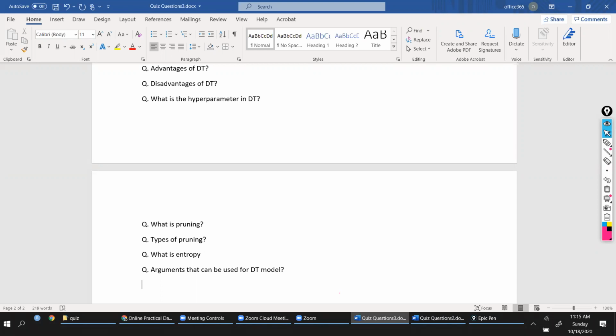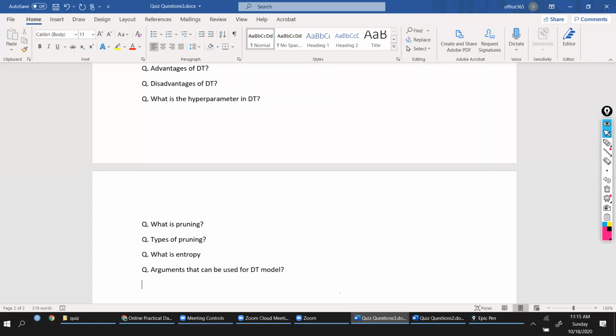Tree. Ctree or tree. That is also very commonly used. In Python, we have sklearn. In Python, there you have a function called tree. So those are basically commonly used functions for trees.